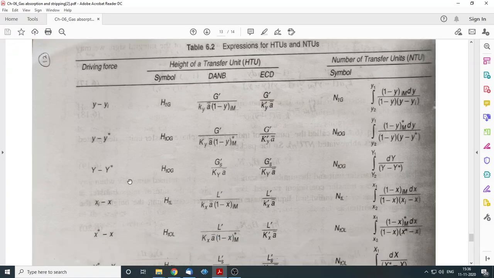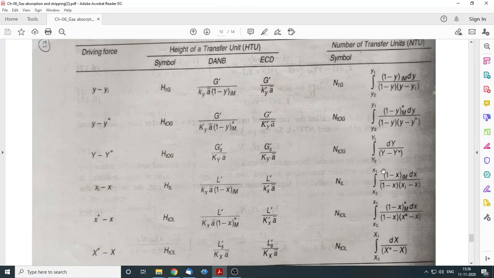Now if you make it mole ratio, you can do this way also. Mole ratio, then G dash S by capital KY A, and this will be the same, and the number of transfer unit will be this.